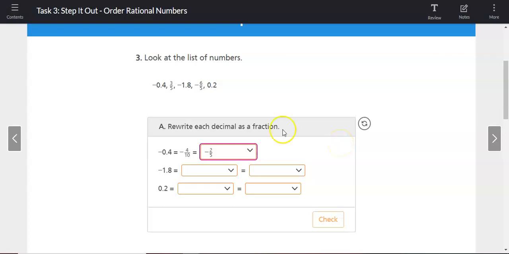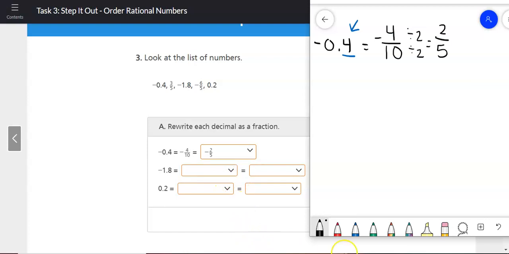Let's take a look at this next one. We have -1.8, and they want us to change it to a mixed number. Because it has a whole number here, that's going to transfer over as a whole number. And then we're going to look at this number right there. That is the last number. It is in the tenth spot. So we're going to change it to 8/10.